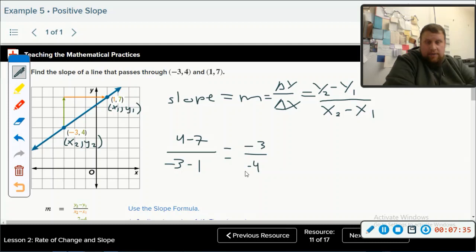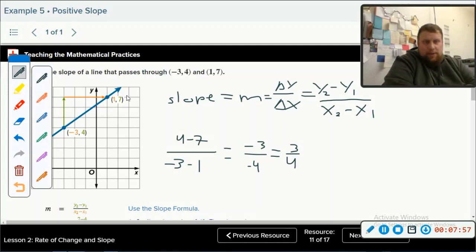And what are two negatives? They make a positive. When I do a negative divided by a negative, that's a positive. So this is positive 3/4, which is what we got the first time using the formula y2 minus y1 over x2 minus x1.